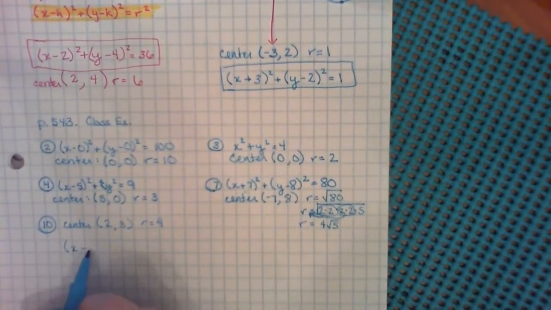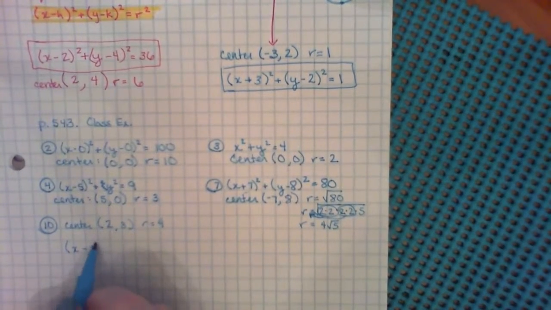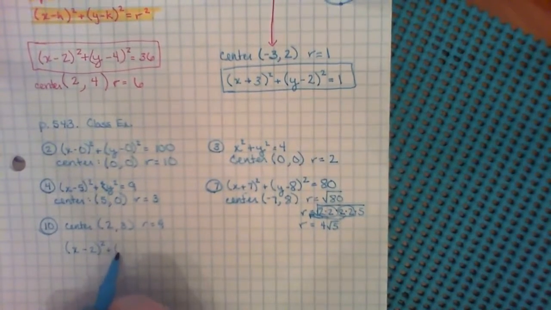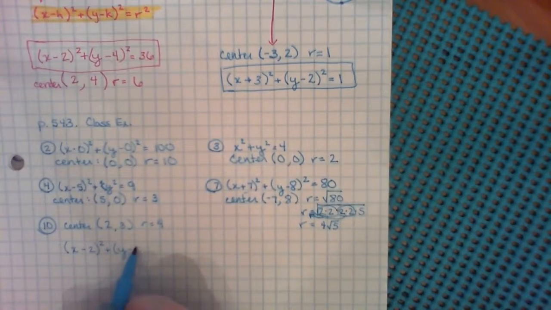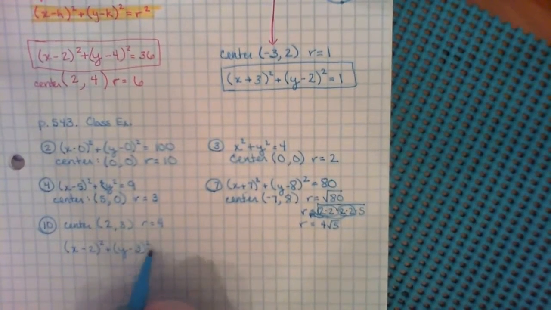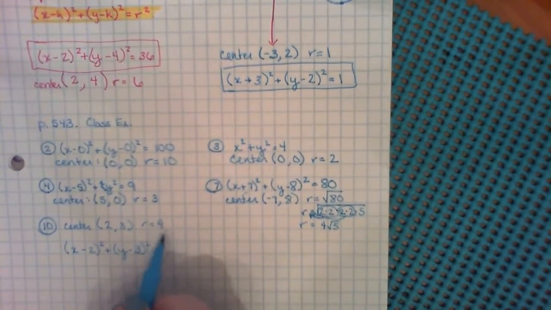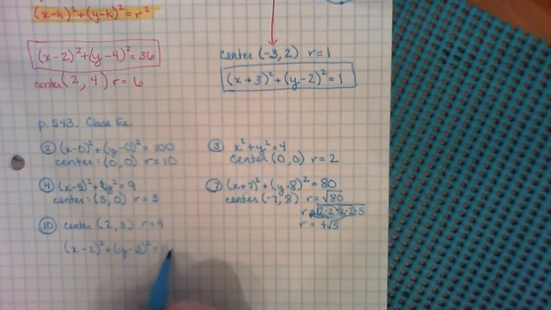So that has (x minus this number) squared plus (y minus that number) squared equals this number squared. 4 times 4 is 16.